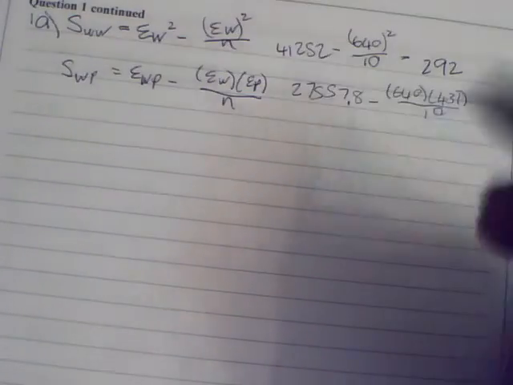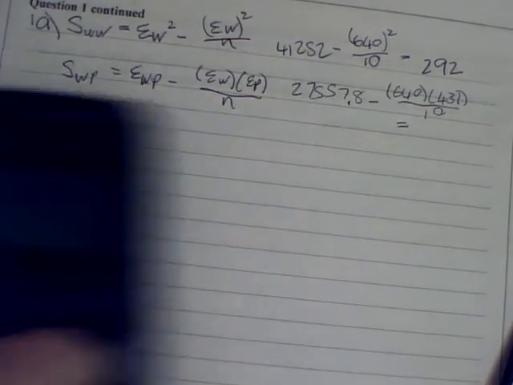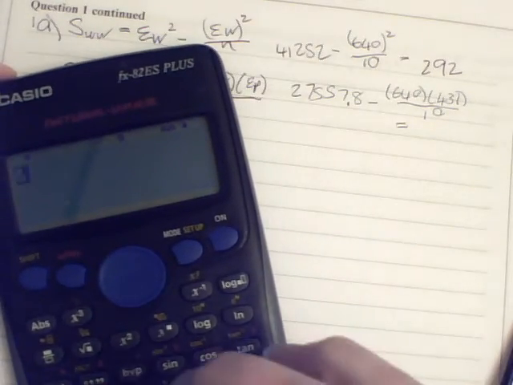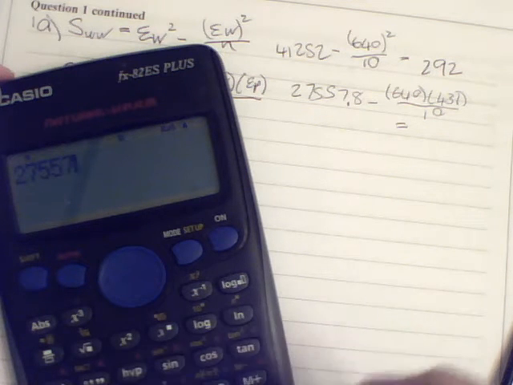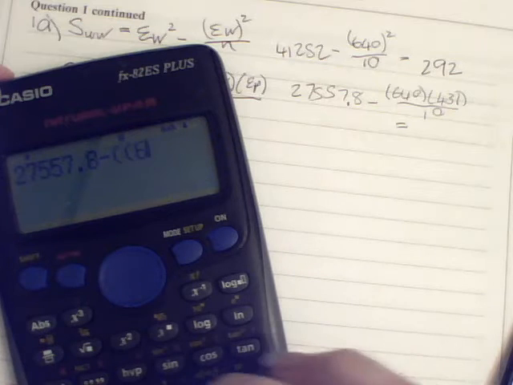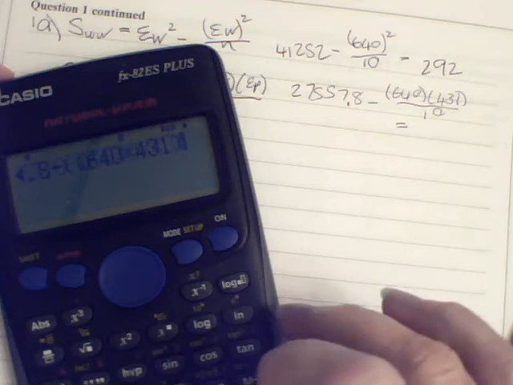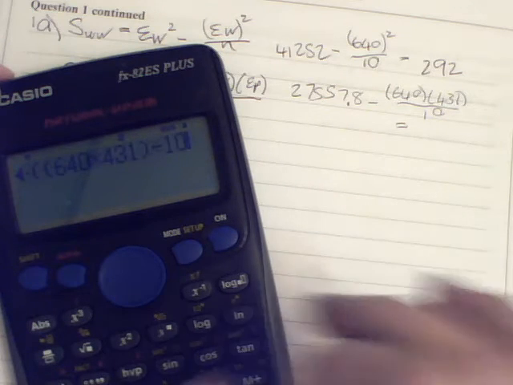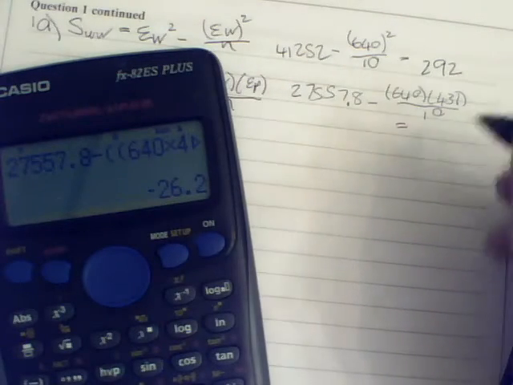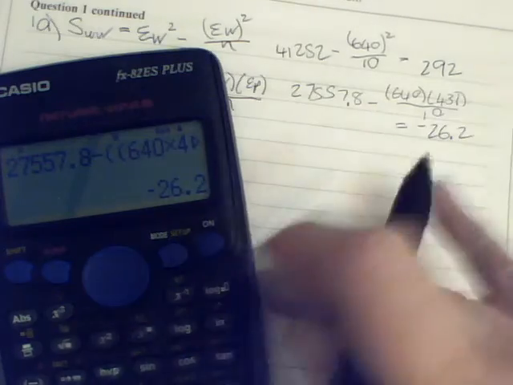Okay, equals, here we go, negative 26.2. That's minus 26.2. And that's another mark.